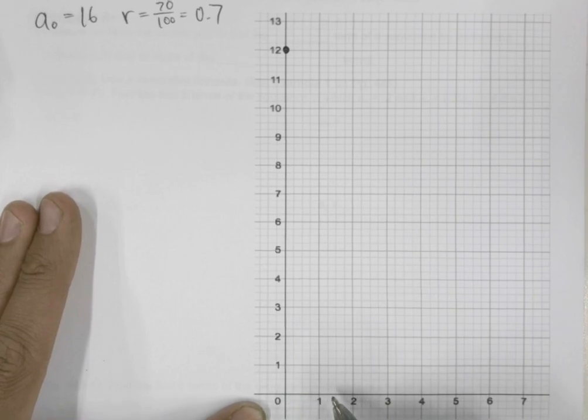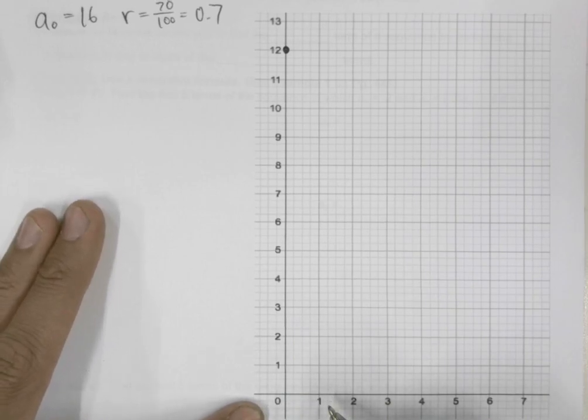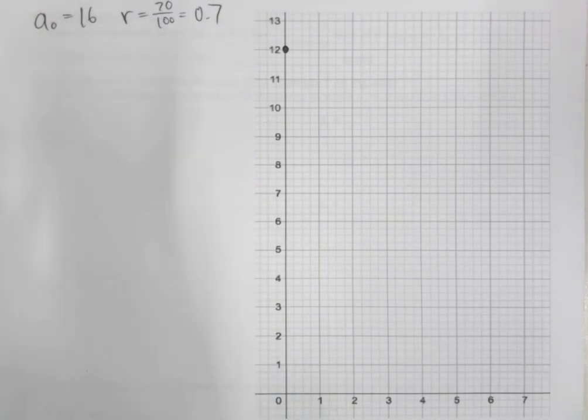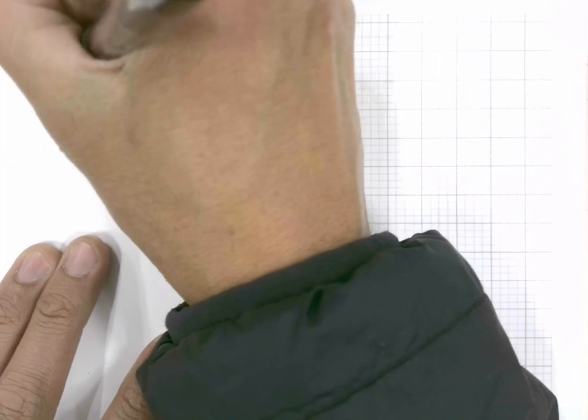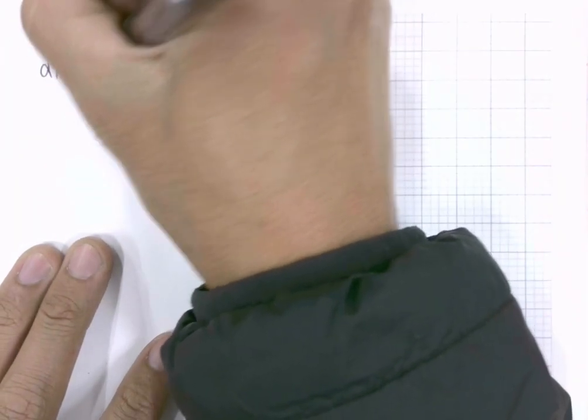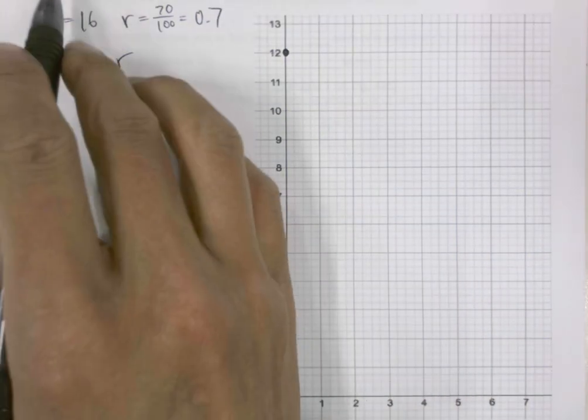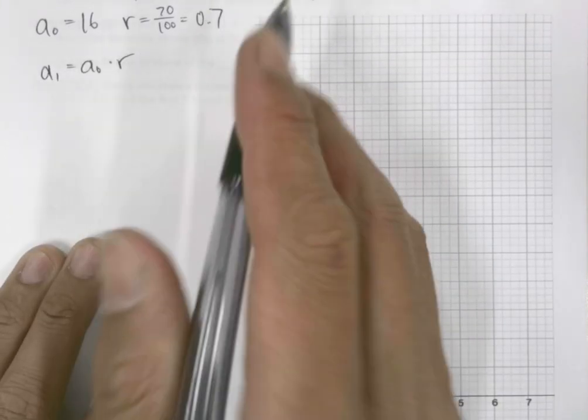And now to find the height at 1 bounce, what we're going to do is say a sub 1 is equal to a sub 0 times r, right? So the initial height times 0.7.